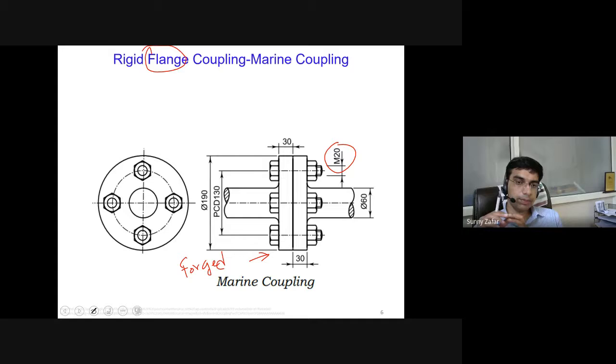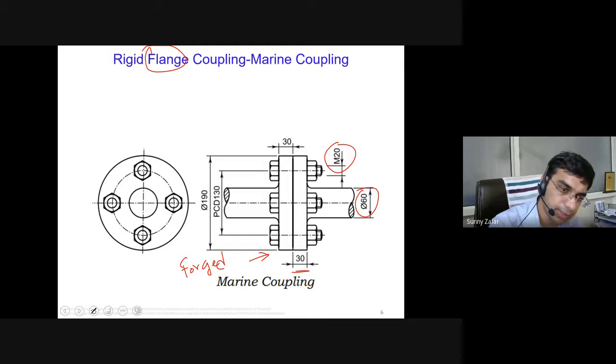Here I am not showing the proportions, rather I am directly showing the solution to a particular problem. So for example, the shaft diameter which we are interested to connect is 60, and the thickness of the flange is 30 millimeters. Correspondingly for this diameter of the shaft, I'll provide a table later on, where looking at the diameter of the shaft, the number of bolts in this flange can also be varied.